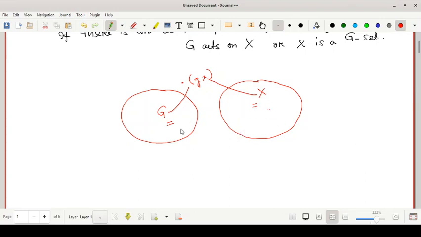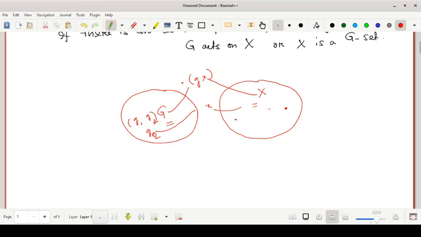And two conditions have to be satisfied. This is g1, this is g2. First of all, they form the pair and they operate on some element x here. Suppose after being acted on by the action, they come back here. Suppose this is the point, some element g1 g2 dot x. But if you take g1 operating individually, you may come here, and g2 may come here.